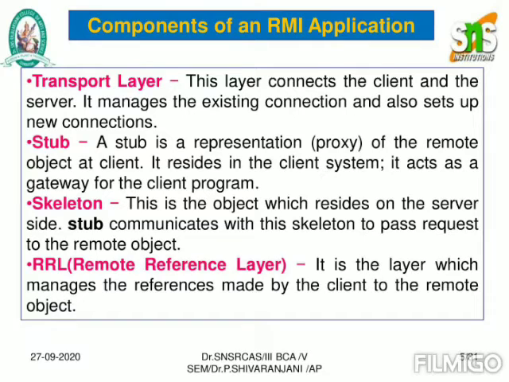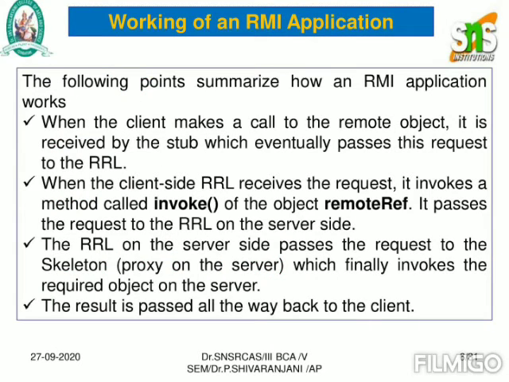Next is the working principle of RMI applications. When the client makes a call to the remote object, it is received by the stub, which passes the request to the RRL. When the client-side RRL receives the request, it invokes the invoke method of the remote reference object.